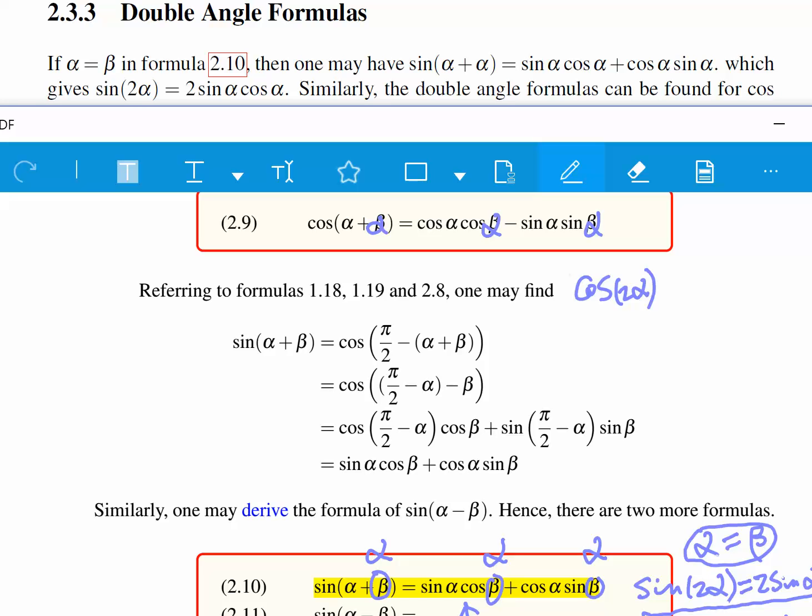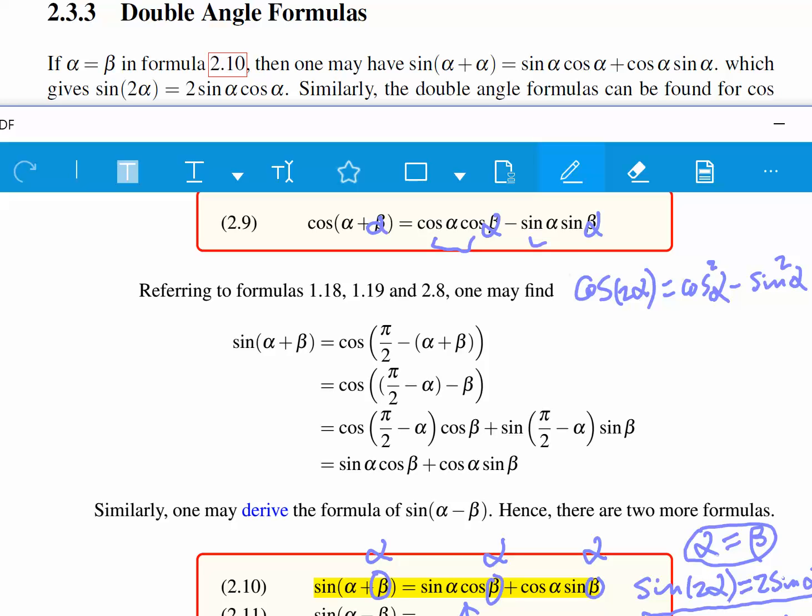Cosine alpha times cosine alpha is cosine alpha squared. And then minus sine alpha squared.